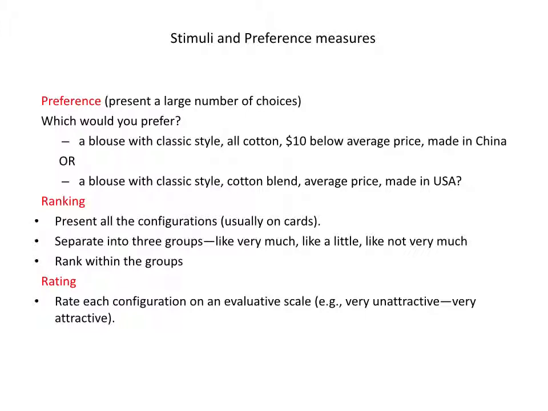Now, these approaches are in ascending order of difficulty for participants. Consumers find it easy to make preference judgments. I like this better than that. It's more difficult, but relatively easy to make rankings. I like this better than that, better than that, better than that.